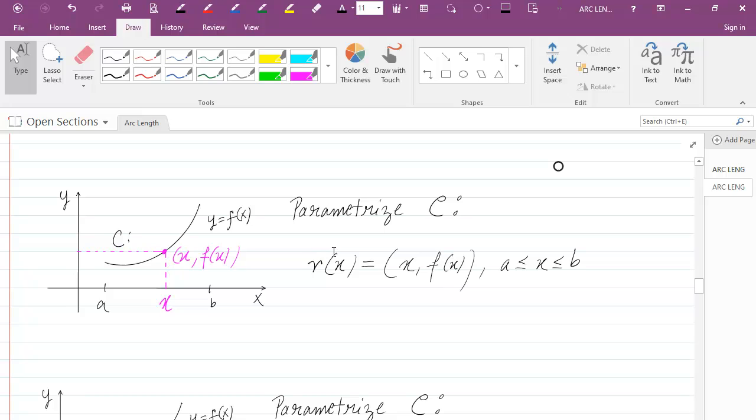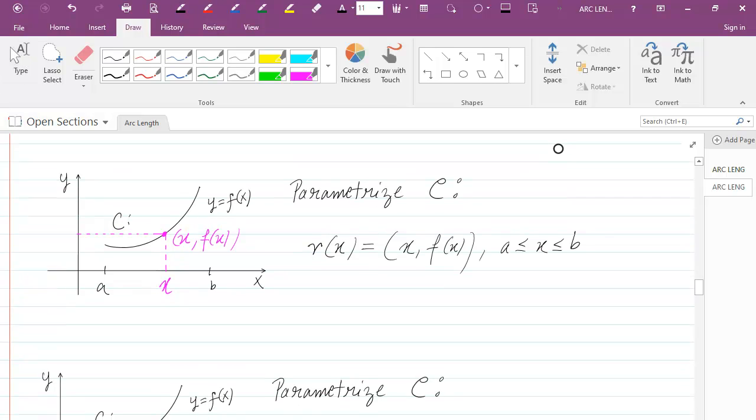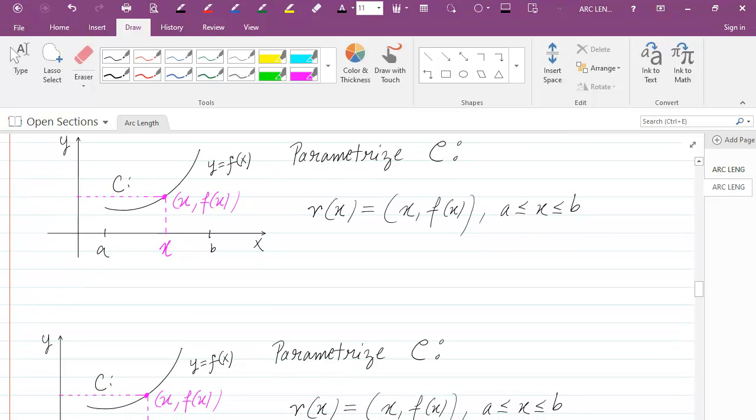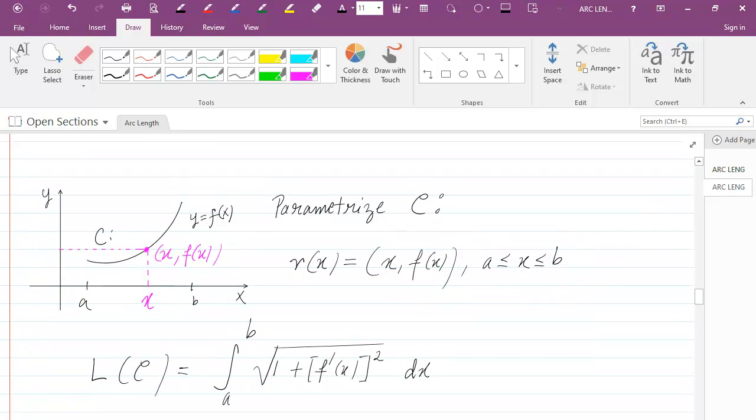So taking this parameterization for C, we can apply the length formula we obtained earlier.